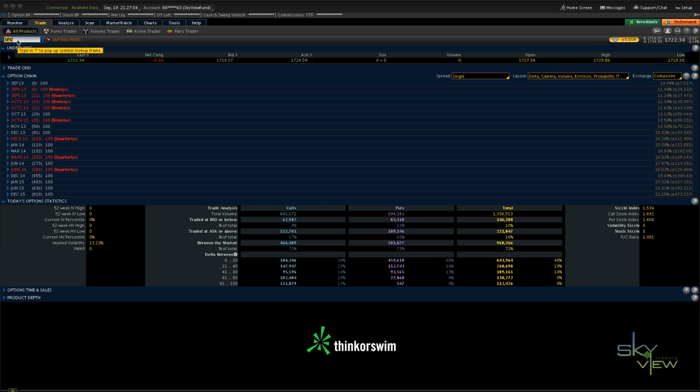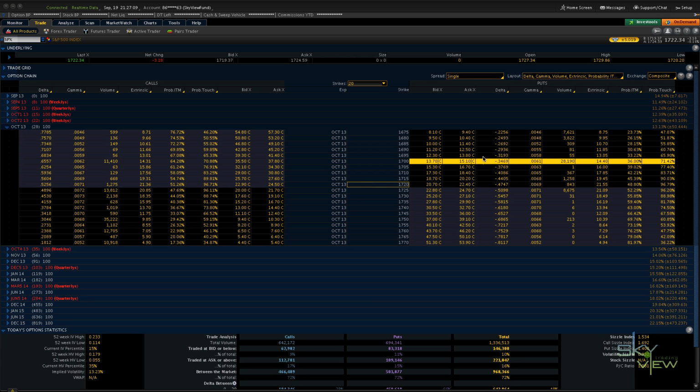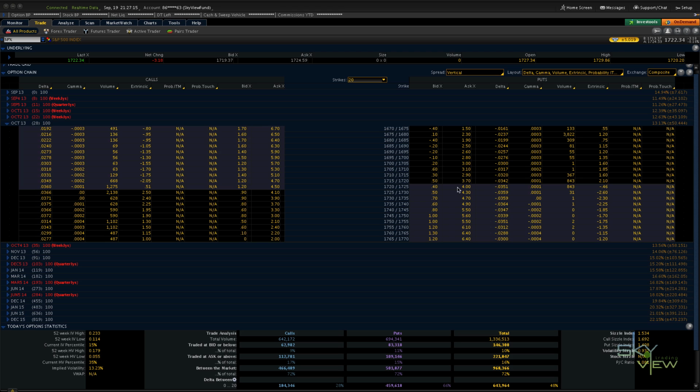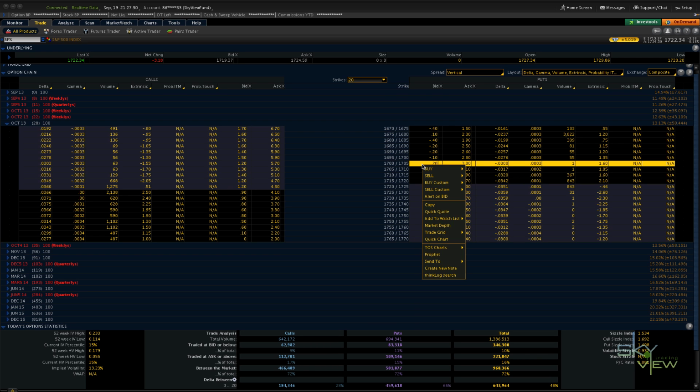If we go to the SPX options, go to October, and arrange the spread to vertical, and we wanted to sell the 1705 by 1700 put credit spread, the bid is at 20 cents and the ask is at $3. That's a really wide market. So if you wanted to sell this at the natural price, you would sell at 20 cents and buy at $3.